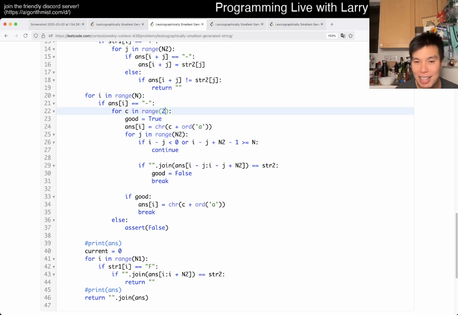But if you look at this by itself, this is also an N2 loop, right? Because it's a length N2, and the comparison is N2, it's actually ridiculous. It's N times N2 times N2 times 2, which is too slow, but because these are string operations, Python is actually very fast about them.